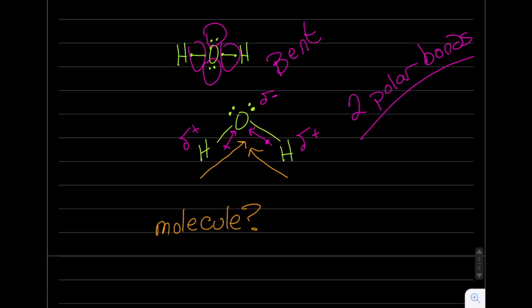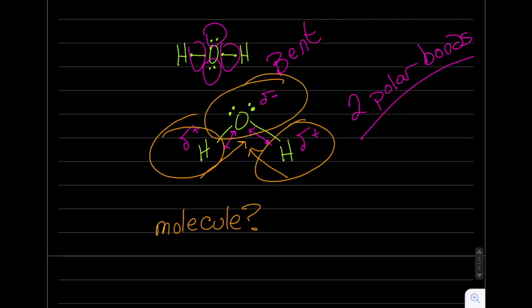So the region down here of the molecule is going to be partially positive, and the region up here is going to be partially negative. So our molecule is definitely a polar molecule. So here's an example of a molecule made up of two polar bonds that is indeed polar.